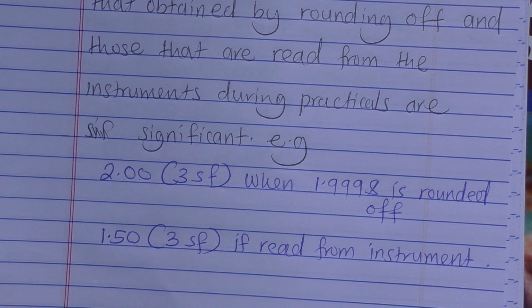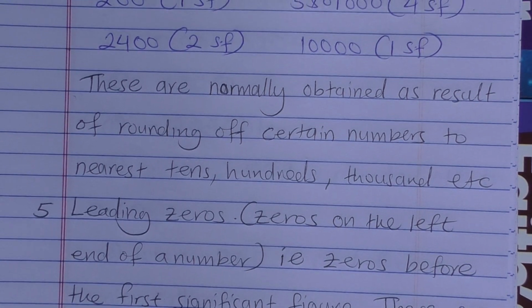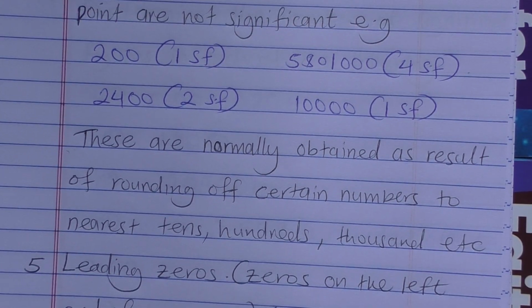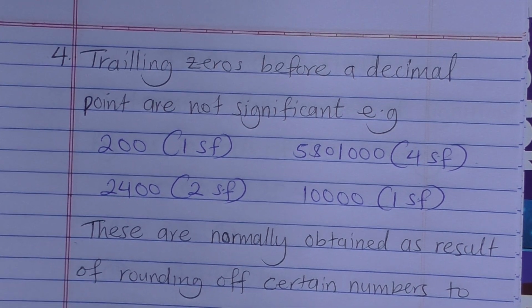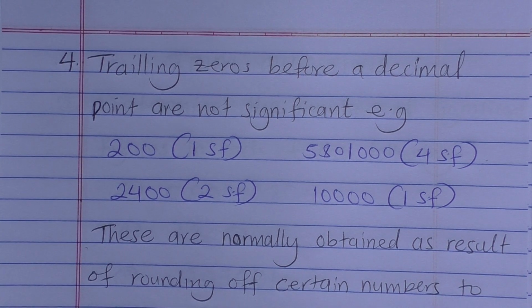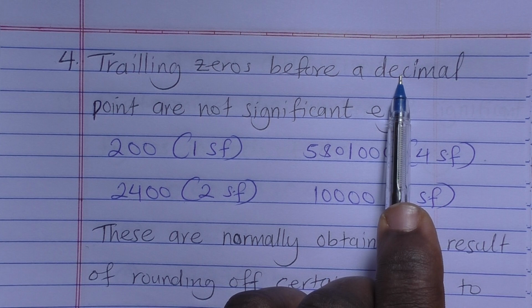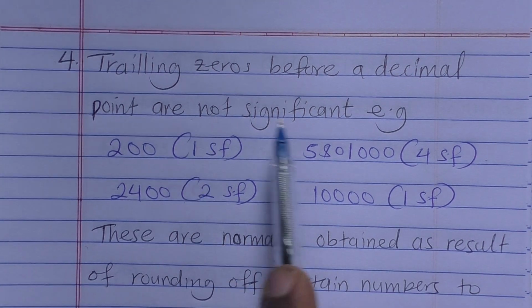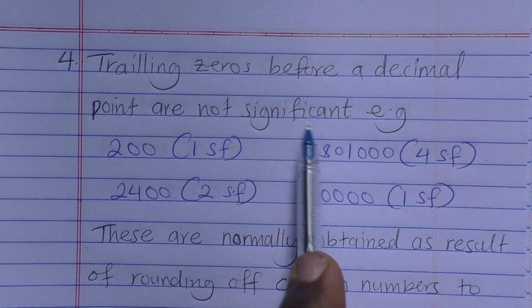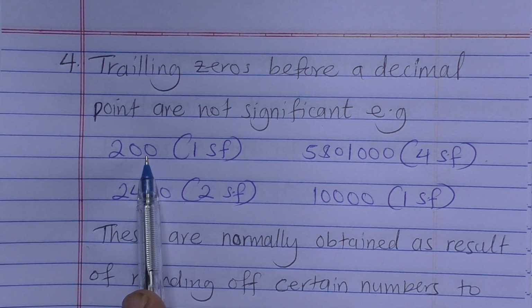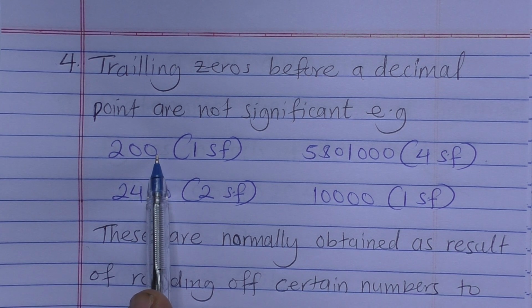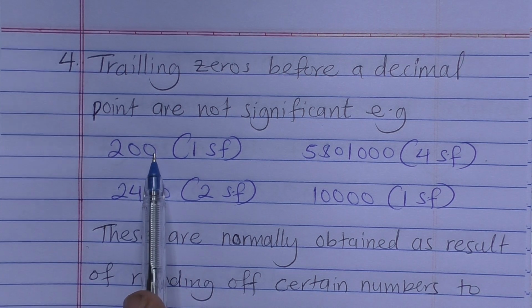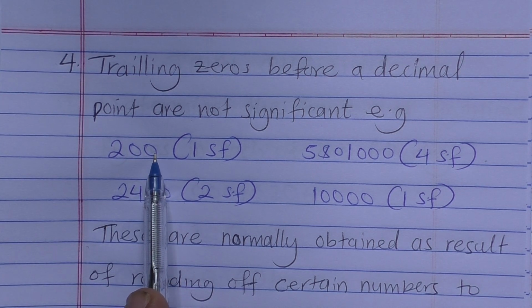Hope we are together. We go to our 4th rule for counting significant figures. In rule number 4, we are told that the trailing zeros before the decimal point are not significant. For instance, in 200, these zeros are not significant because they are coming before the decimal.